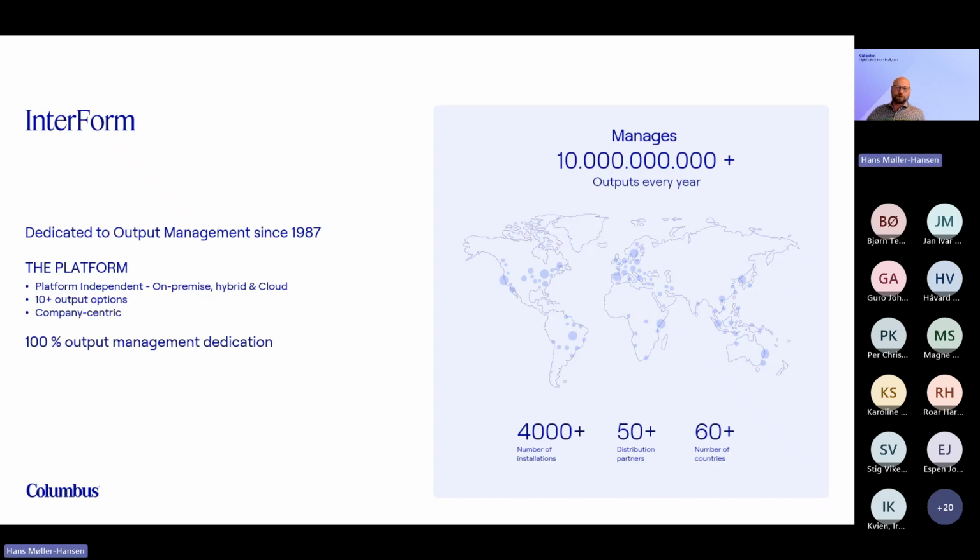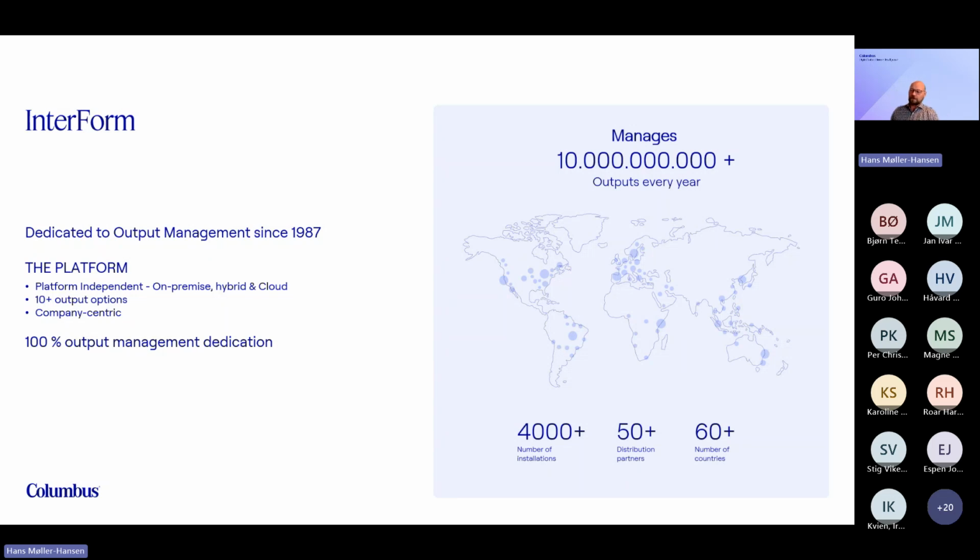For those of you who don't know Interform, I'll just say a few words about Interform as a company. It's a Danish company, and they've been around since '87. So quite an old business in this IT world, or the M3 and LN world. And they manage a lot of printouts every year. They have more than 4,000 installations of the software out there.